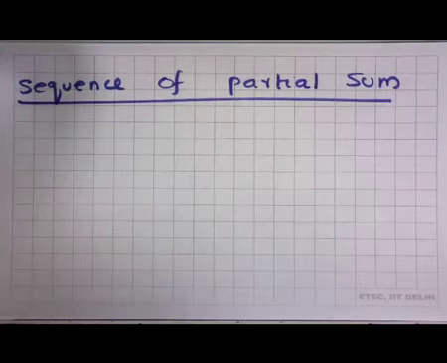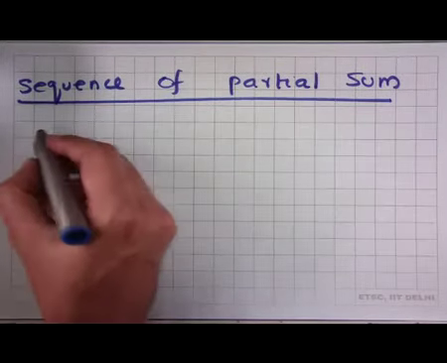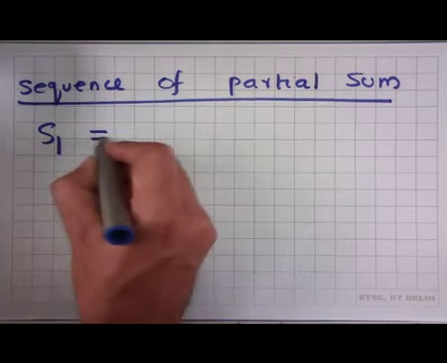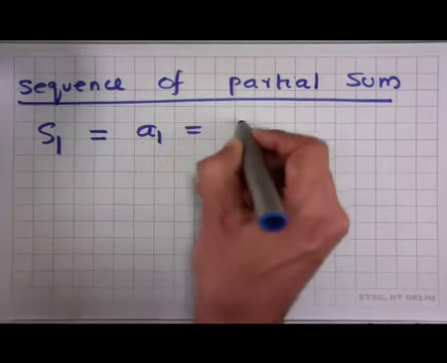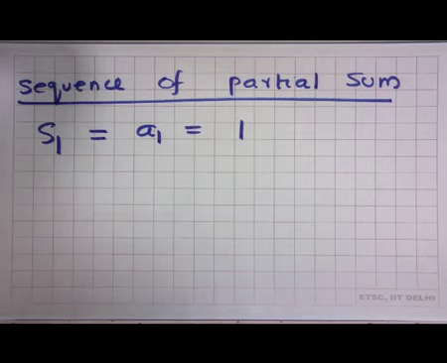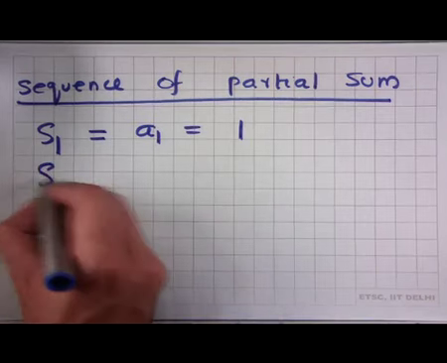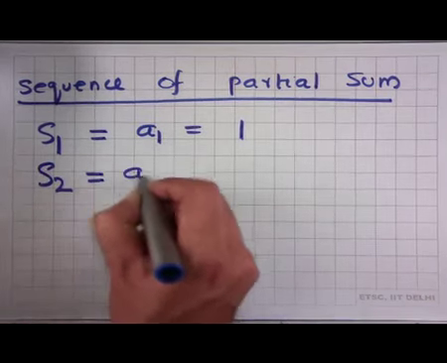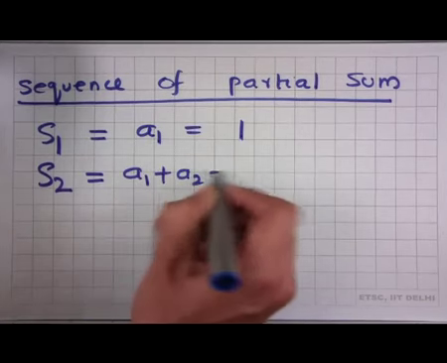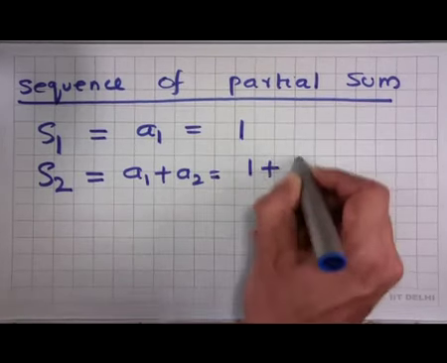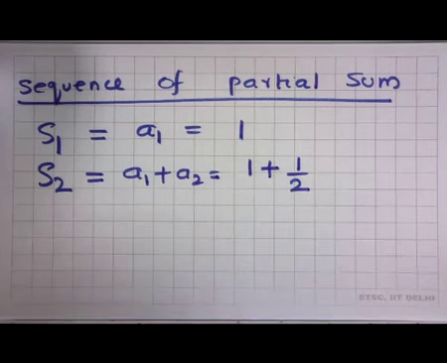The first partial sum, namely S1, is A1, which is 1. The second partial sum, S2, is A1 plus A2. Here it is 1 plus 1 by 2. Observe that S2 can be found by normal addition.